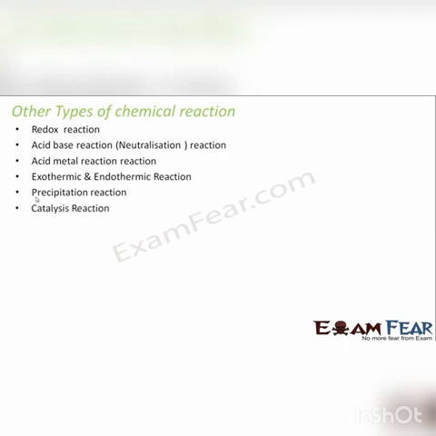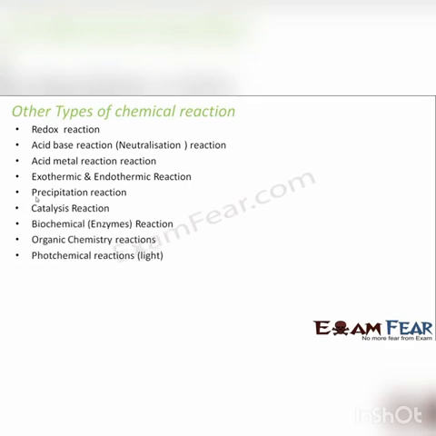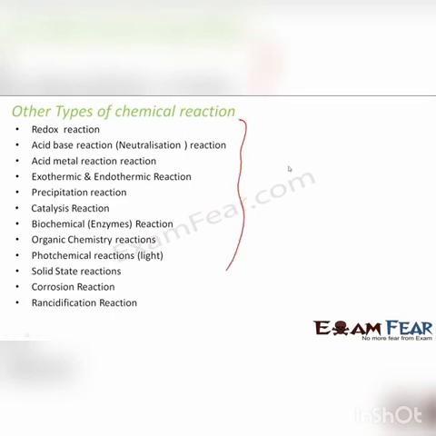Precipitation reaction, whether you get precipitates from that reaction. Catalysis reaction, whether a catalyst is required or not. Biochemical reactions, organic chemistry reactions, photochemical reactions, solid state reactions, corrosion reaction, rancidity reaction. There are so many reaction types, but all of these fall into the 5 reaction types which I have explained, right? So we'll go through all these kinds of reactions.